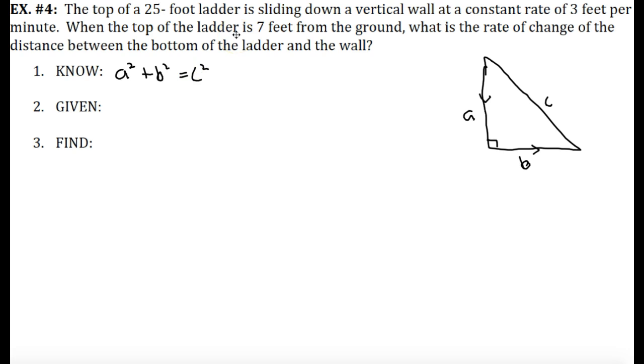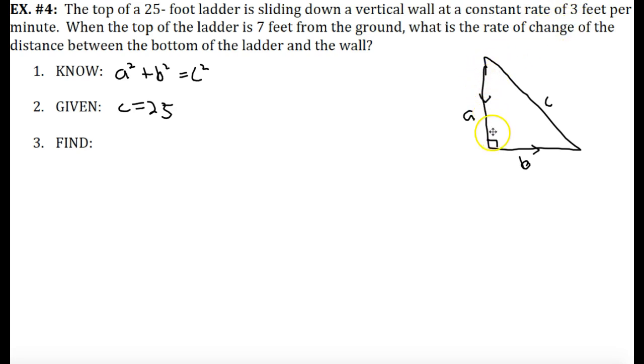So now what I'm given, let's see, I'm given that the ladder is 25 feet. So I know that c is 25. What else? I know that the ladder is sliding down the wall at a constant rate of 3 feet per minute.